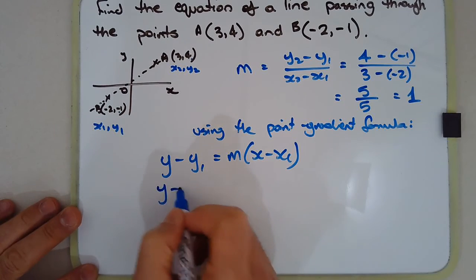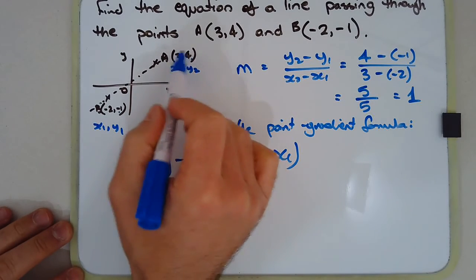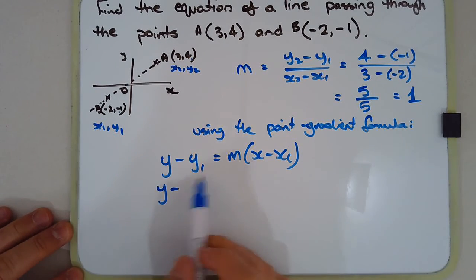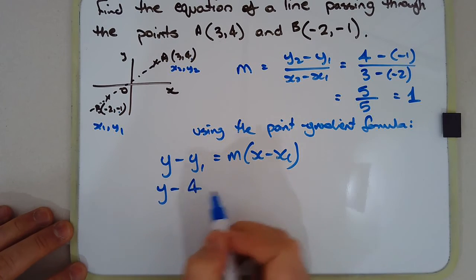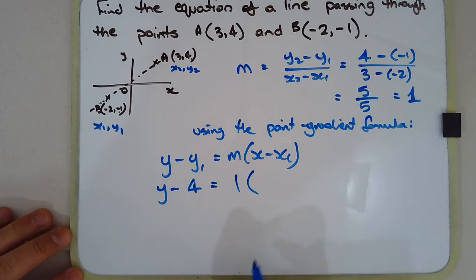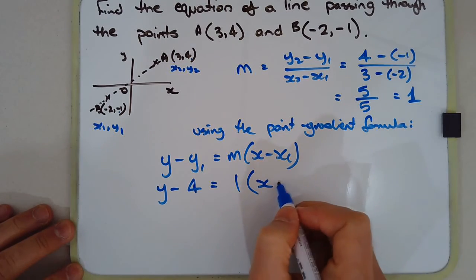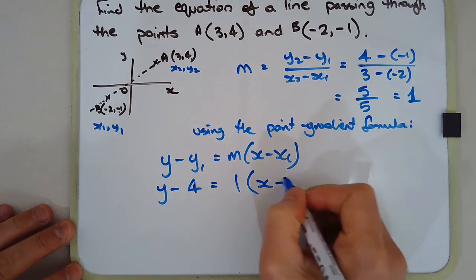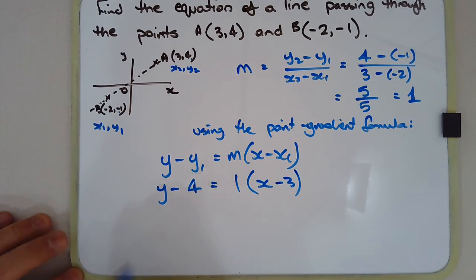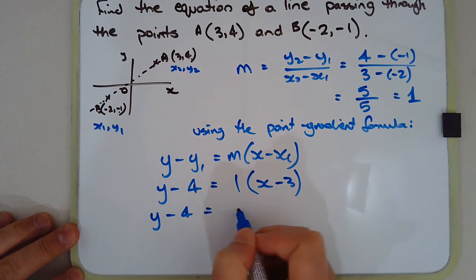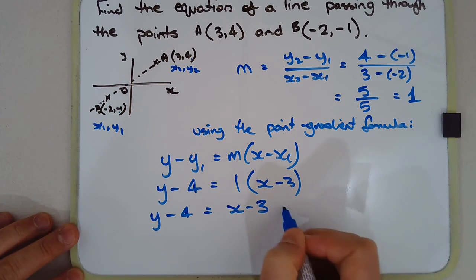I'm going to use point A and substitute that point in. y1 is 4, m is 1, which just happens to be very convenient, and x1 is 3. So that's y minus 4 is equal to x minus 3.